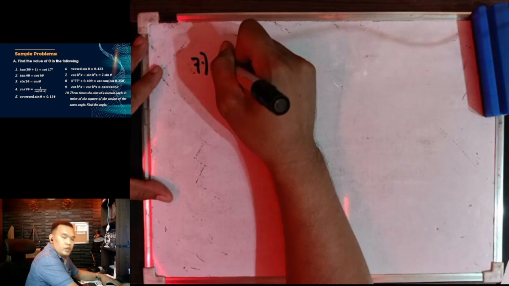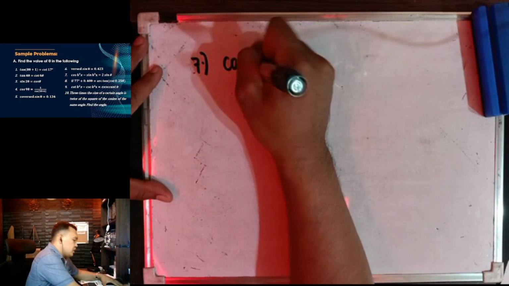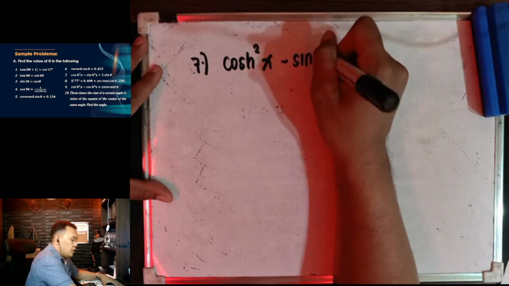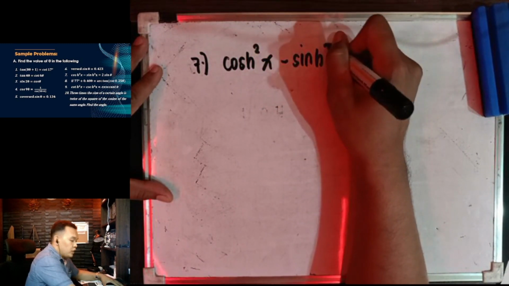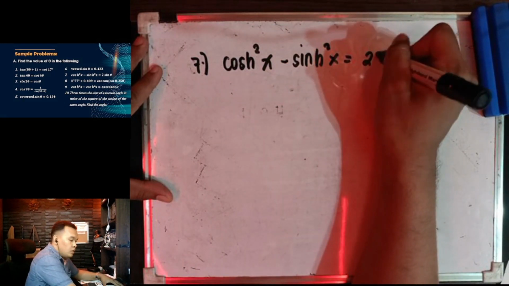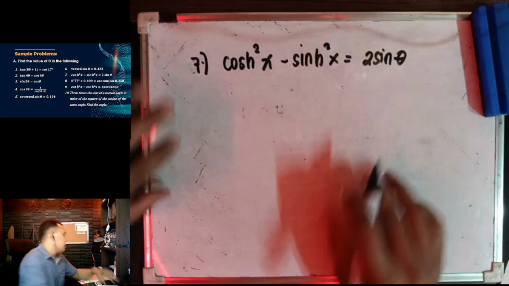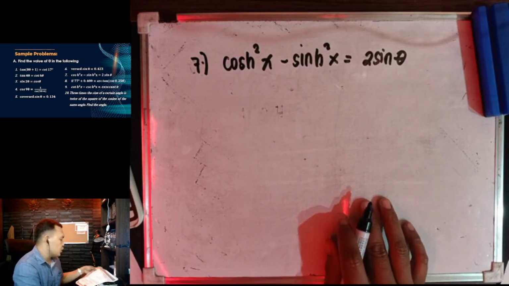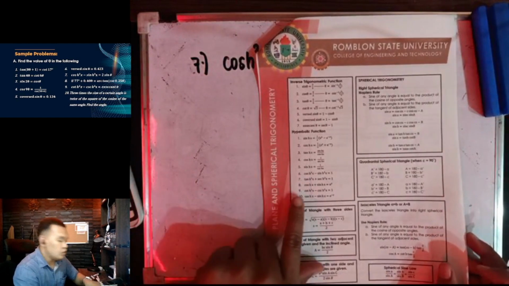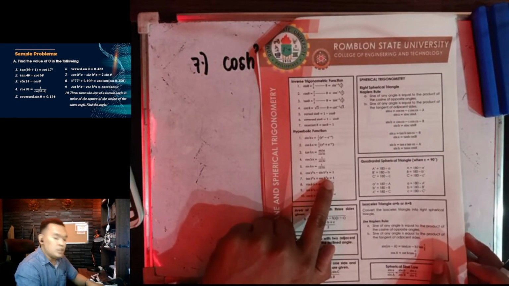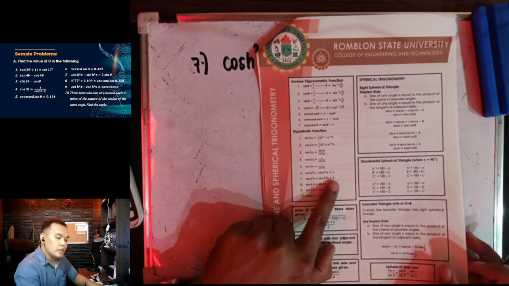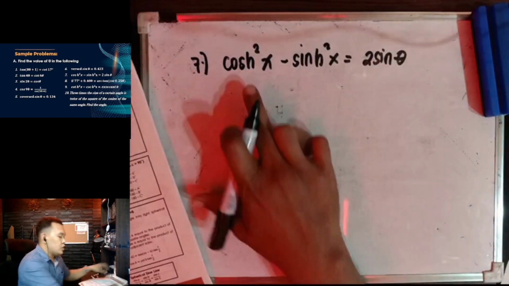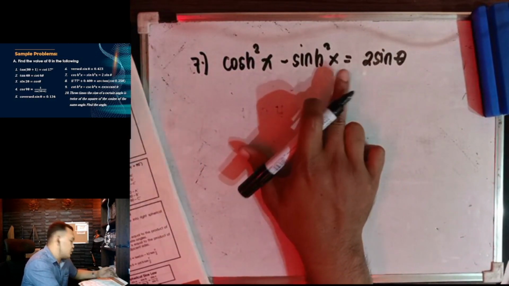So, problem number 7. Problem number 7, we have hyperbolic function at ito. Cos h squared x minus sine h squared x is equivalent kay 2 sine theta. Okay. Checking for the identities, we all know that cos h squared x minus sine h squared x is equivalent kay 1. No?